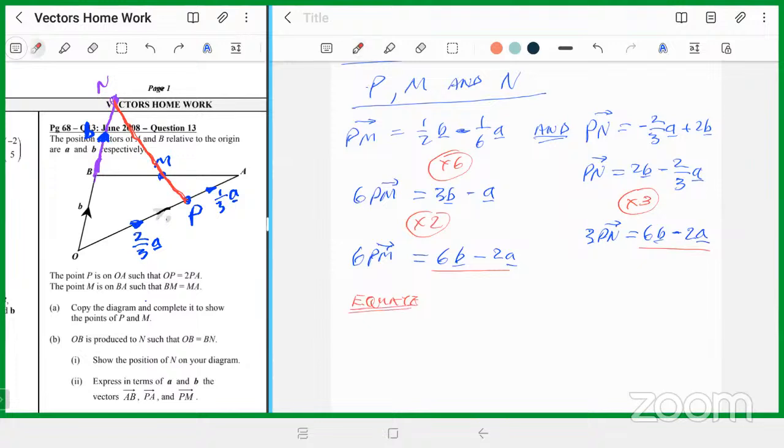So when I equate now, I put 6pm equals... this one, I multiply that by 2, it becomes 12. Sorry, my mistake, I multiply everything by the 2, so it becomes 12pm equals 3pn. Now we can divide both sides by 3.